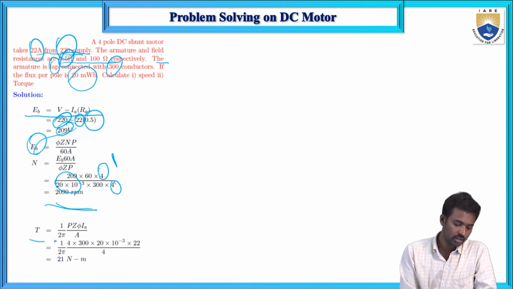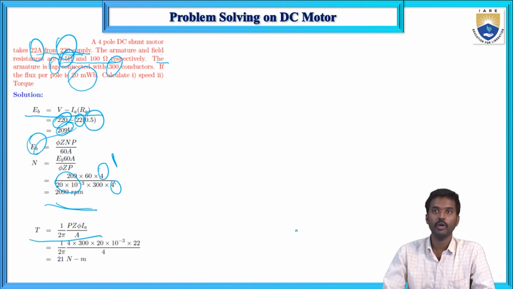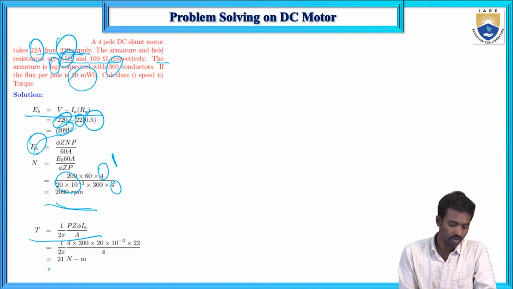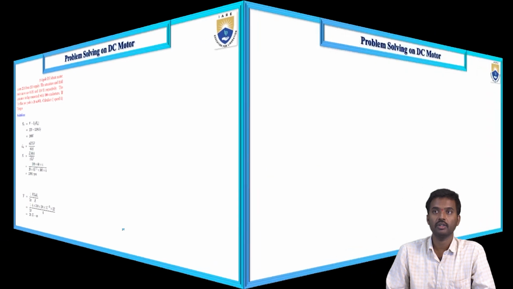Now in the torque equation, 1 by 2 pi φ Ia Z into P by A, that value equals 21 Newton meter.